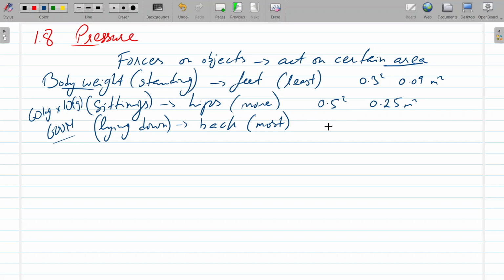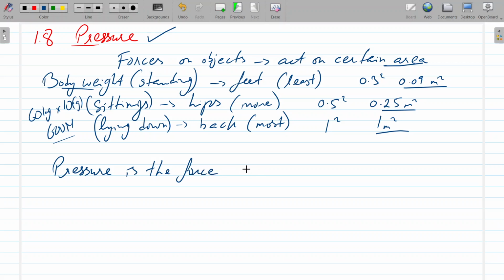And then your back is, let's say, 1 meter, so that is 1 meter squared. So the area: this is the least area, this is somewhere in between, this is the most area. And so you've got the same force acting over three different areas depending on your posture or your physical position. Pressure is force acting per unit area, right?